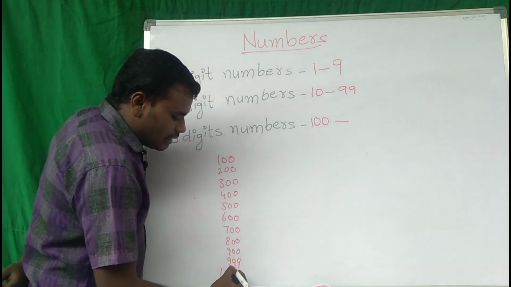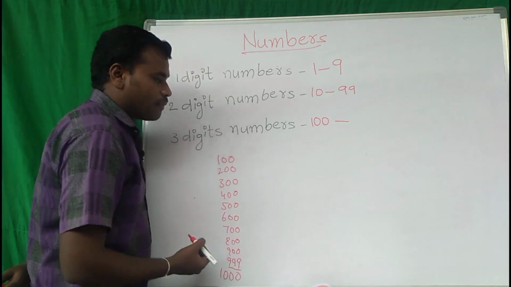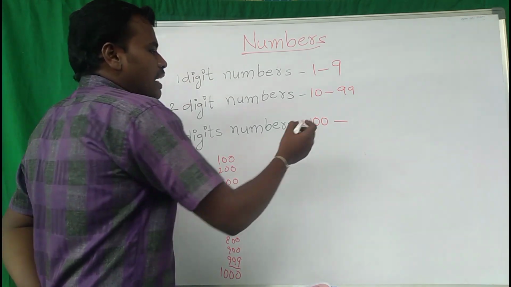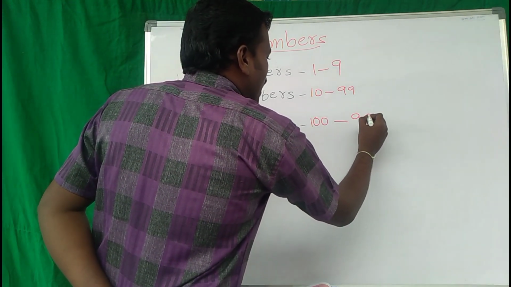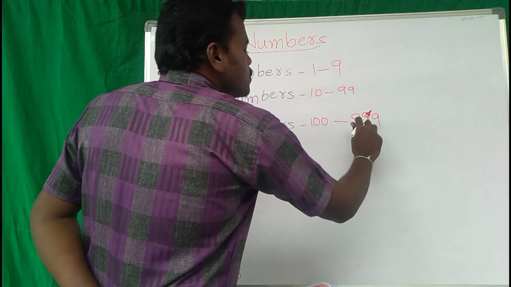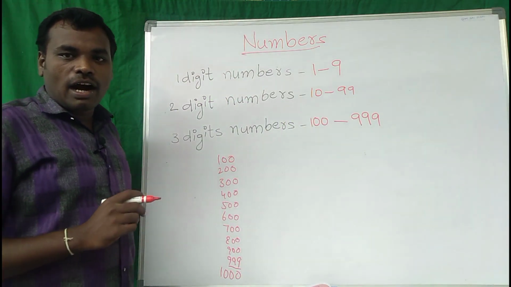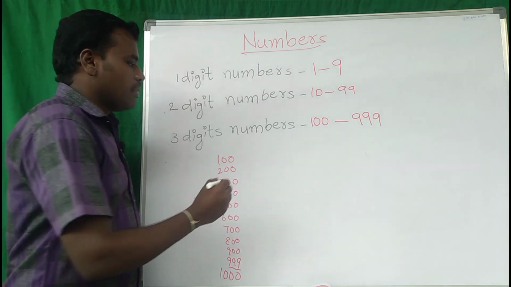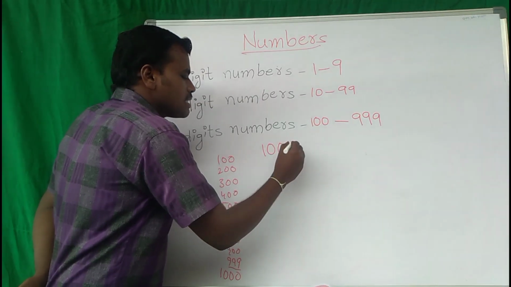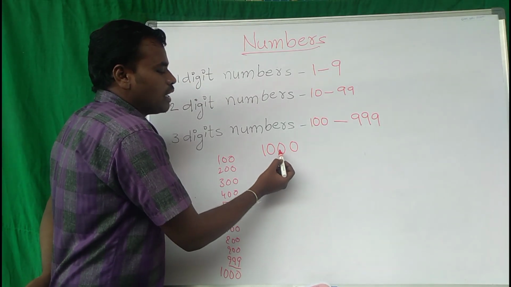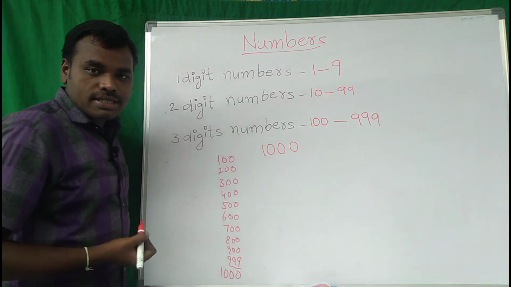That means the three digit numbers end with 999. After 999 we have 1000. How many digits are there in 1000? 1, 2, 3, 4. Four digits are there.